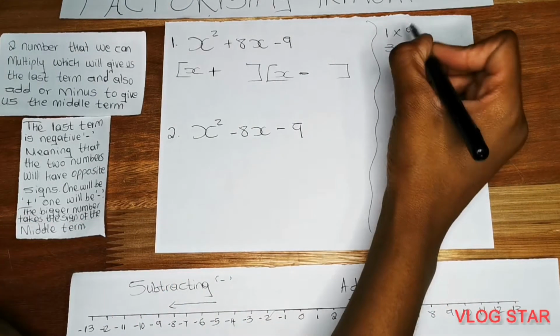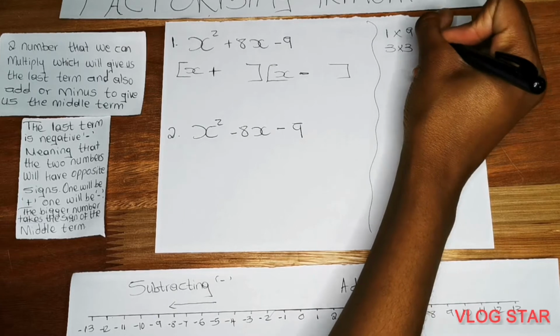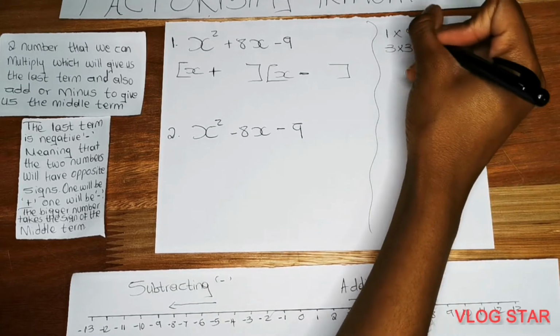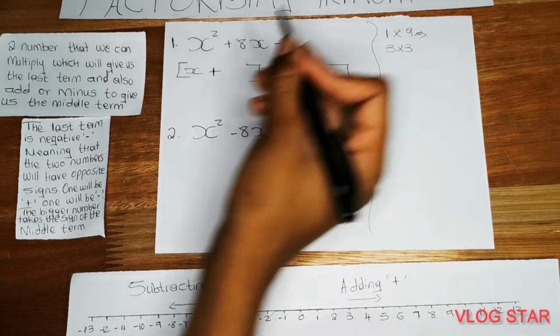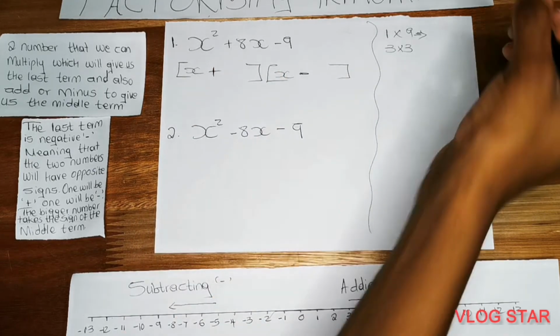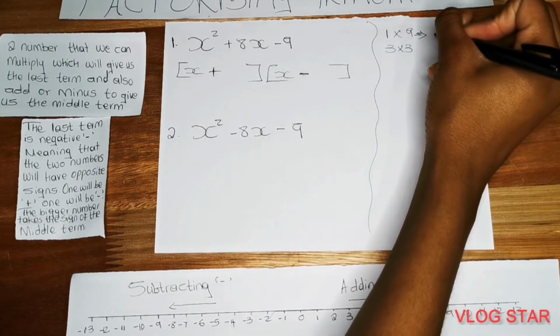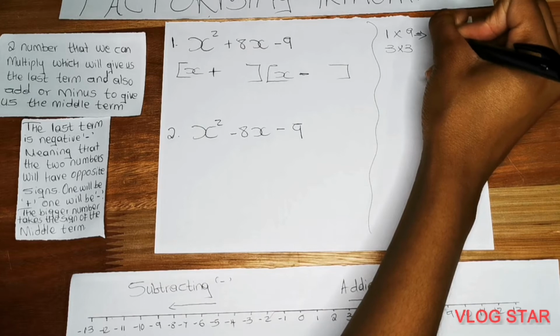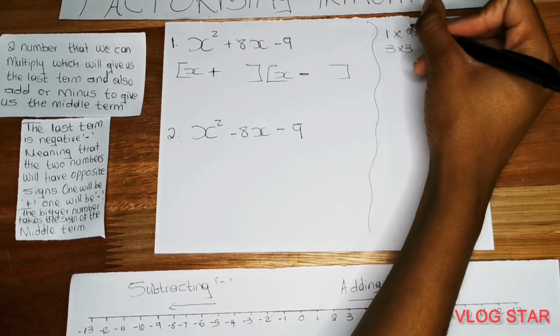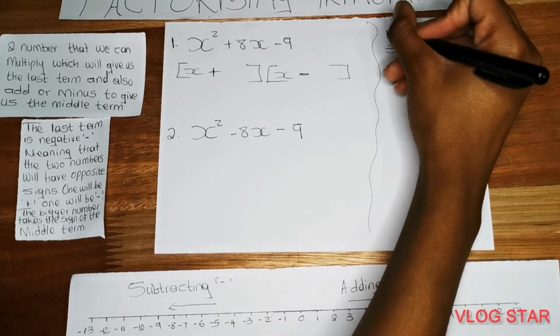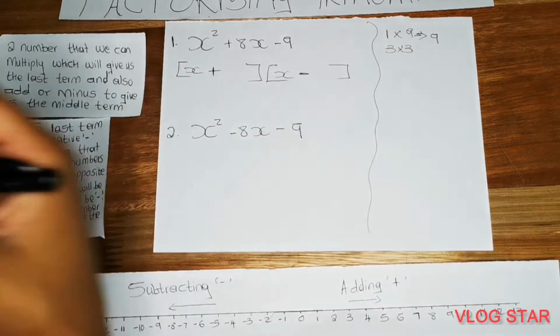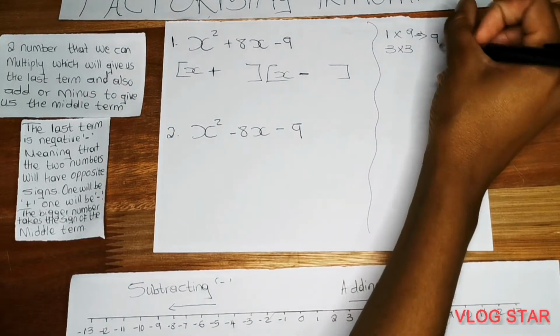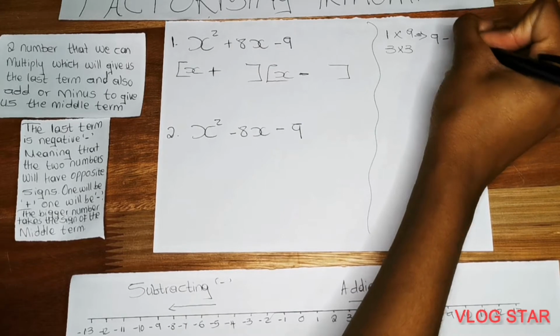We're going to start with the first pair. Which is the bigger number? The bigger number is 9, meaning that 9 will take the positive sign. So it's going to be 9, then meaning that 1 will take the opposite sign, minus 1.